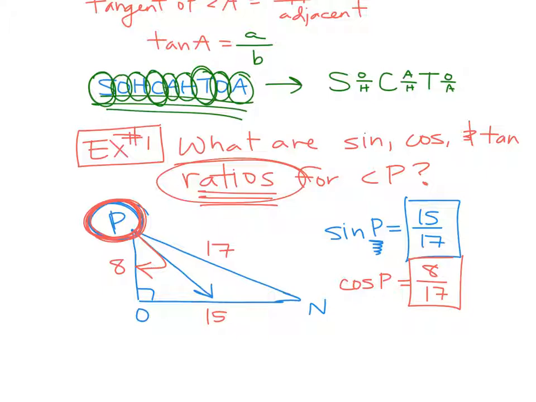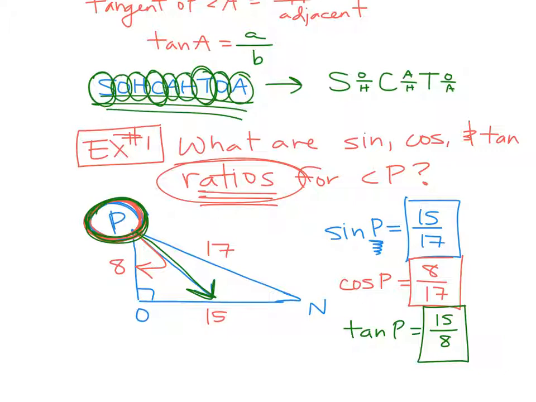And then your last one is tan P. You are starting again from P, and from P you have the opposite, which is 15, over the adjacent, which is 8. So your ratio is 15 over 8.